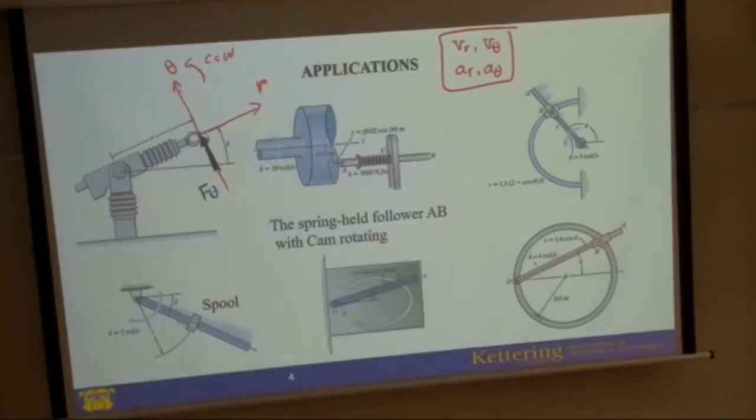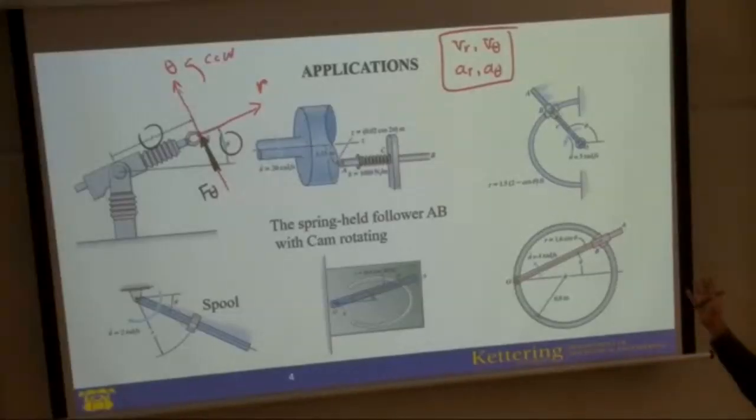Or for different r and different theta, or different angular velocity or different angular acceleration, will this F theta change or not? For example, your robot that you design is holding a glass. You do not want the glass to fracture or crack because the force is limited.